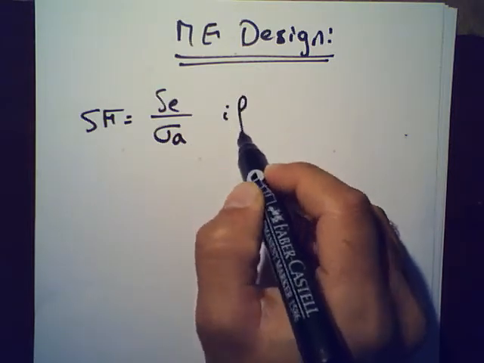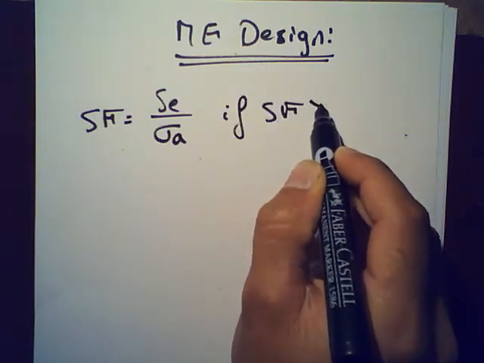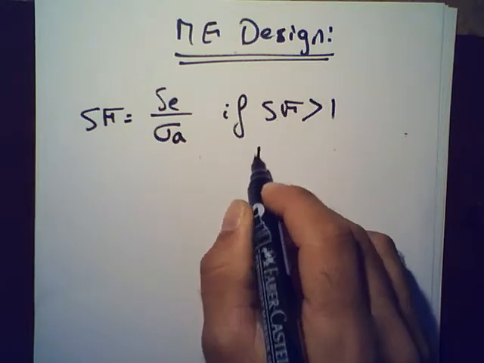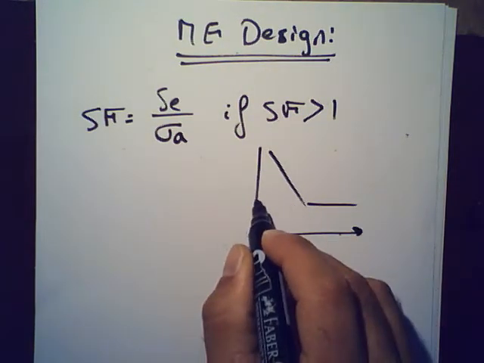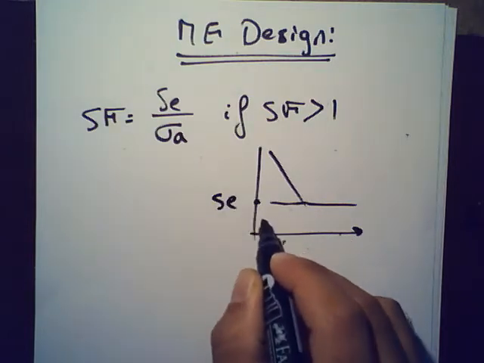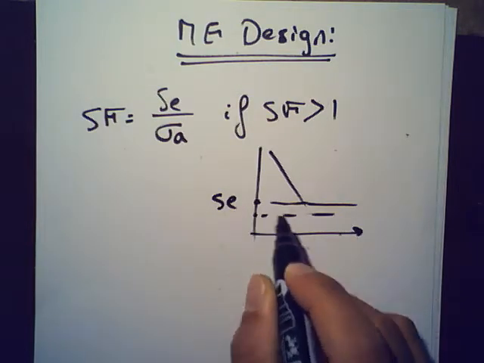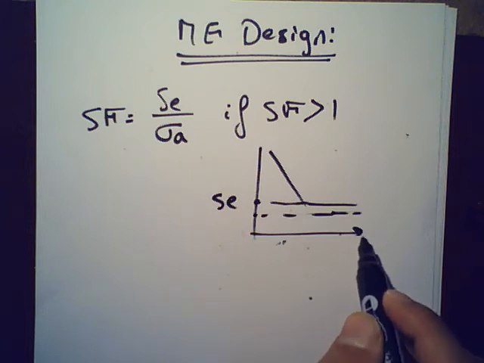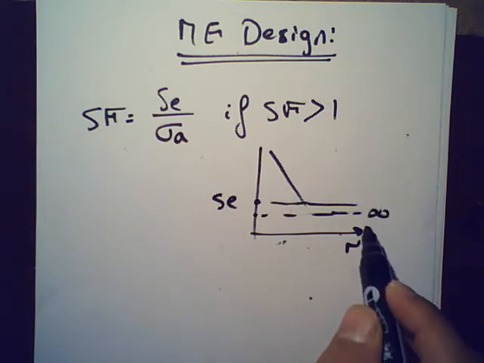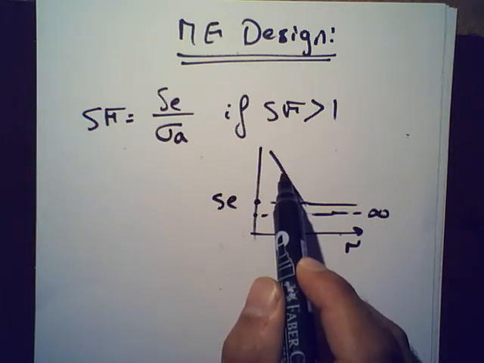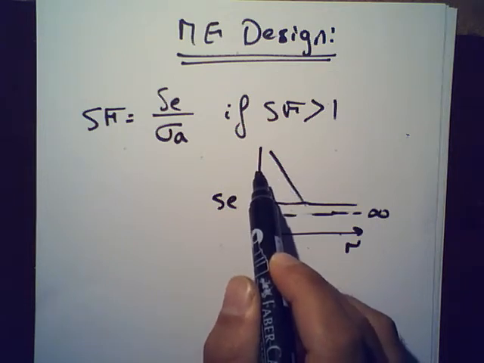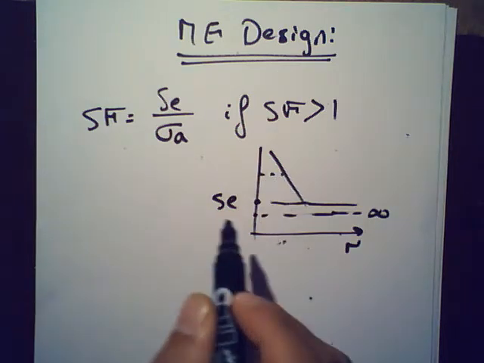If our safety factor is greater than 1, it means that we are operating below this curve. This is the SE of your part, and we would be somewhere over here. In that case, our number of cycles is basically infinite. It will never fail.